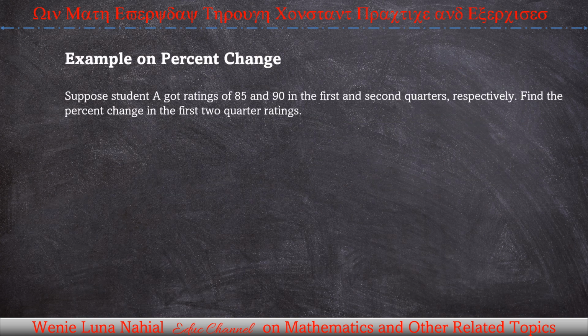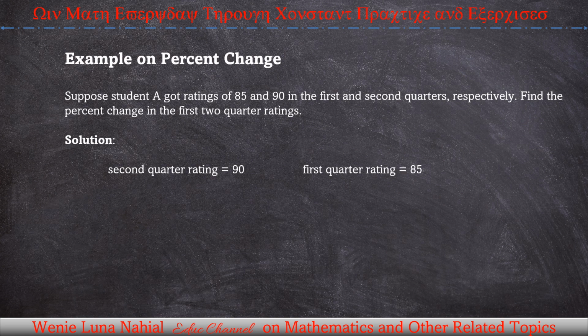Example of percent change. Suppose student A got ratings of 85 and 90 in the first and second quarters, respectively. Find the percent change in the first two quarter ratings. Solution. So, second quarter rating is 90, first quarter rating is 85.